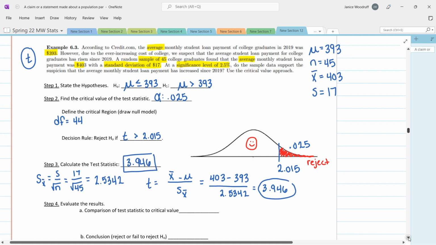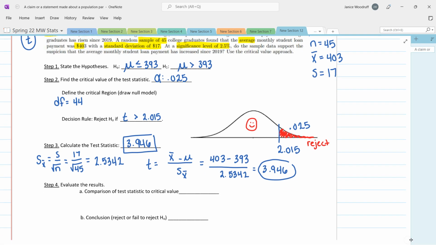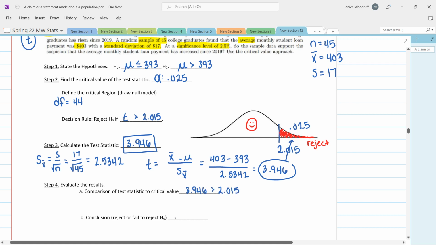Which means we are going to do what? We will reject. Yeah, it's way over there. 3.946 is greater than 2.015, so we will reject the null. Remember, the null is that the average student loan payment is less than or equal to $393.